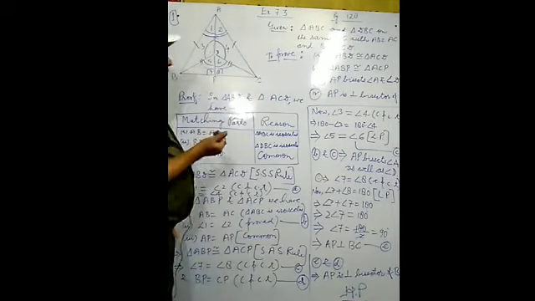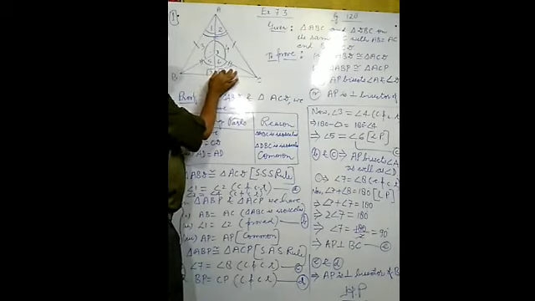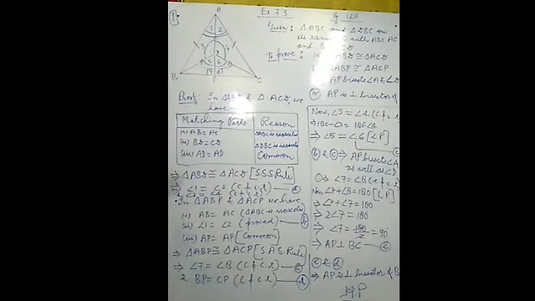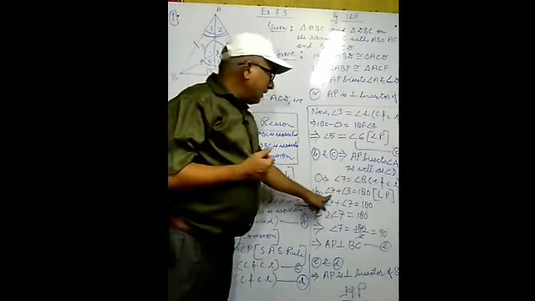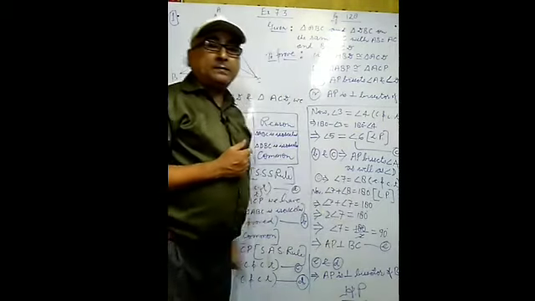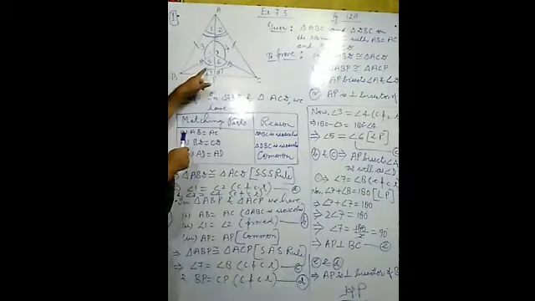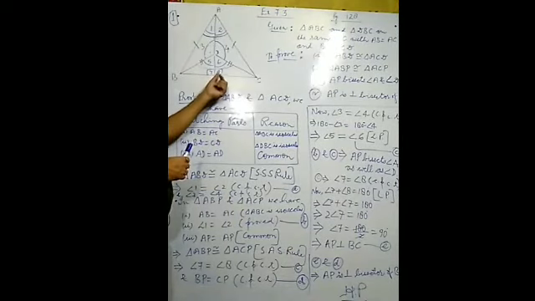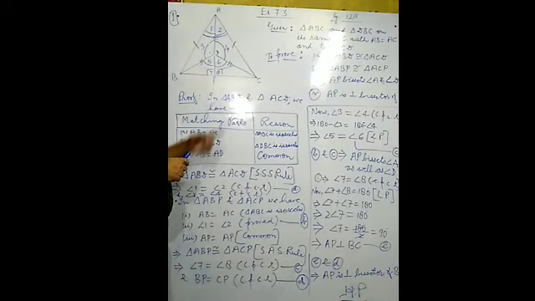Again, you may mark here angle 7 plus angle 8 is 180 degrees. What is the reason? Both are a linear pair. Since angle 7 equals angle 8, in place of angle 8 we can write angle 7, or in place of angle 7 we can write angle 8.